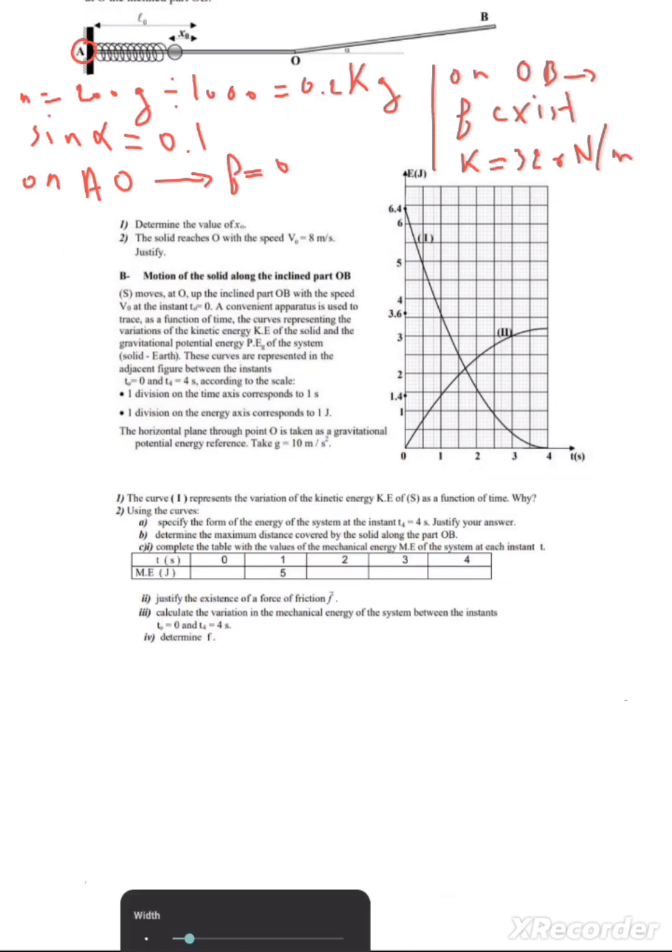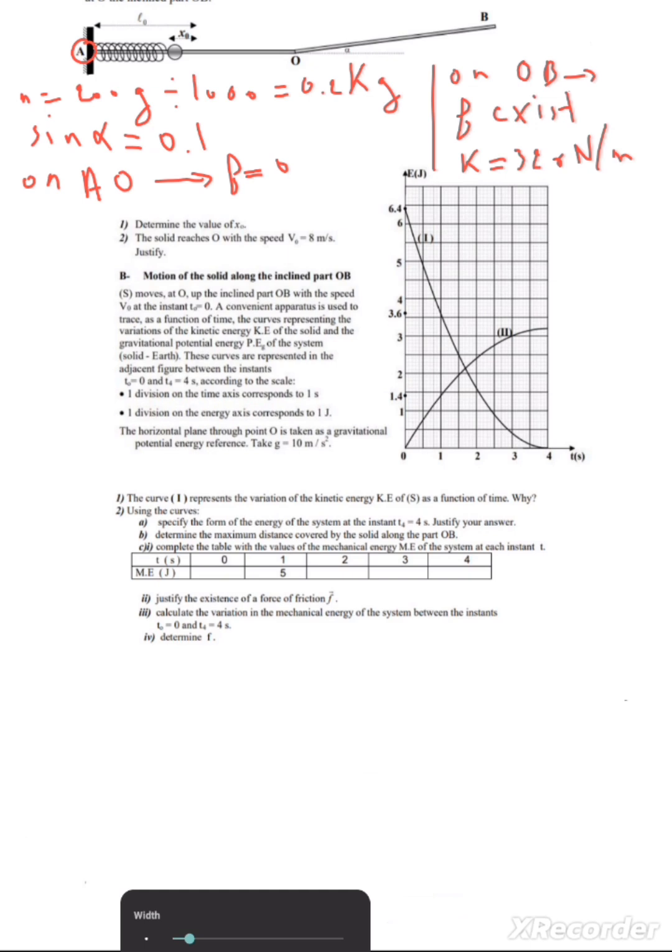B. Motion of the solid along the inclined part OB. S moves at O up the inclined part OB with the speed v0 at the instant t0 equals 0. A convenient apparatus is used to trace as a function of time the curves representing the variation of the kinetic energy of the solid and the gravitational potential energy GPE of the system solid-Earth.